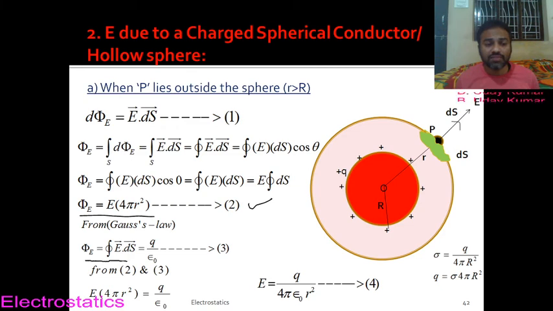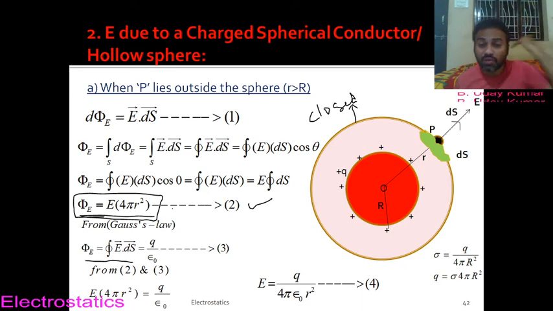You know this one, right? Phi, the total electric flux that is coming out of a closed surface, is mathematically written as integral E dot ds is equal to 1 by epsilon 0 times the charge enclosed by the closed surface. This is our closed surface now. This is the closed surface, and we have found the total flux coming out of it. How much? This one, which we get from equation number 2.